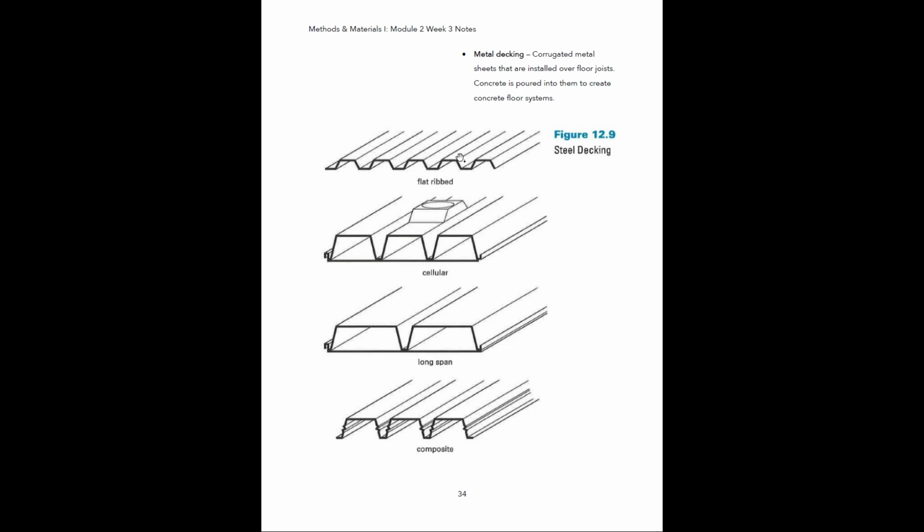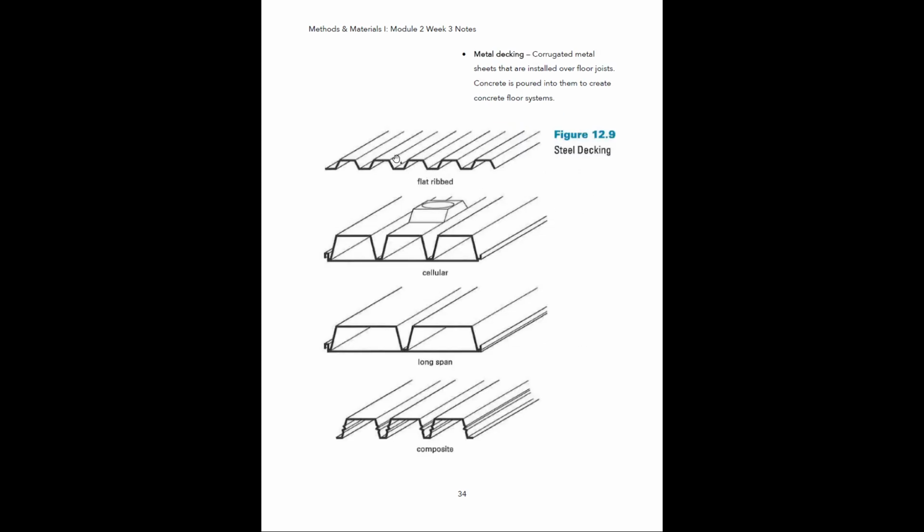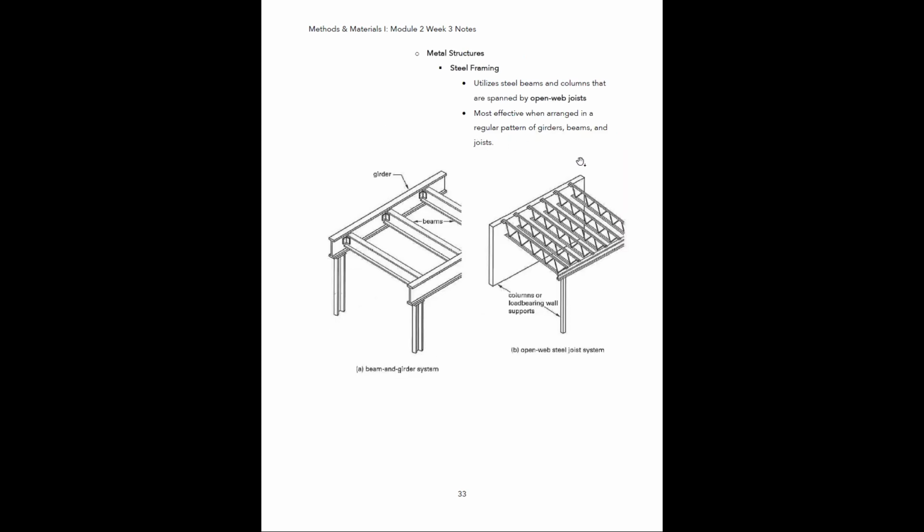This gets installed right on top of the floor joist. If you imagine this open web structure here, these floor joists, directly on top of that is going to be this, but the lines that you're seeing here will run perpendicular. So that's going to run this way right on top of those floor joists.